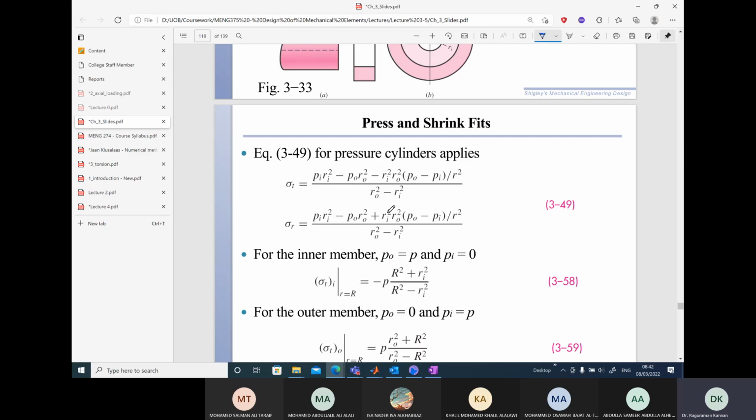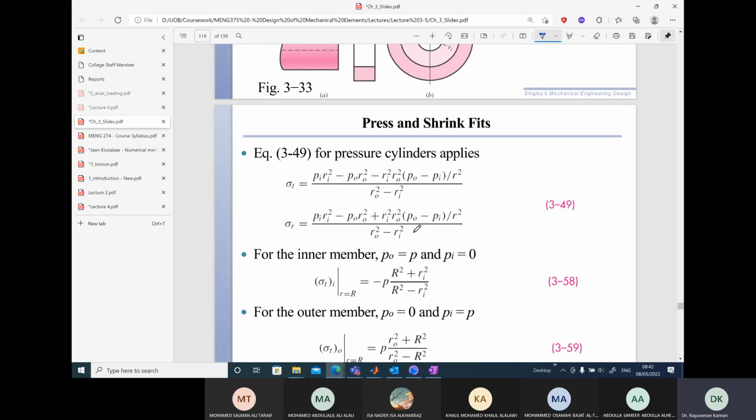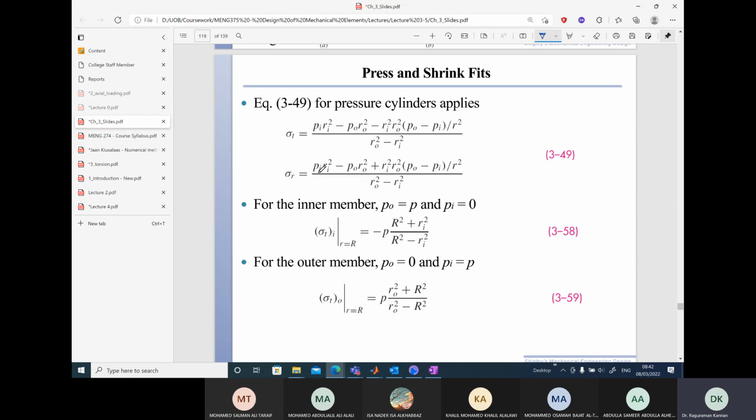Okay, so the same formula we are going to use, but what we are going to do is we are going to apply outer pressure as P and the inner value is 0. The pressure P is here, already found. So apply this in these formulas and we get the tangential stress for the inner member, and in the case of the outer member we apply the pressures in the opposite way and we get this formula, for the inner and the outer.